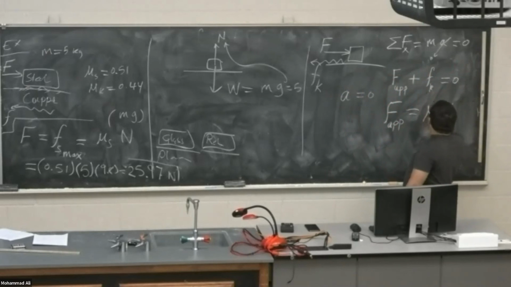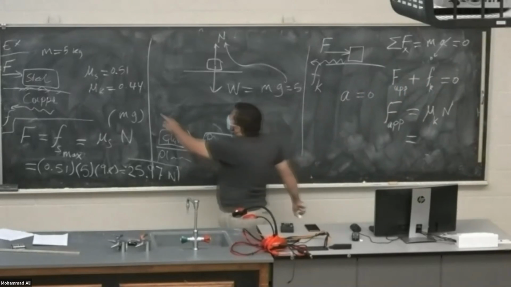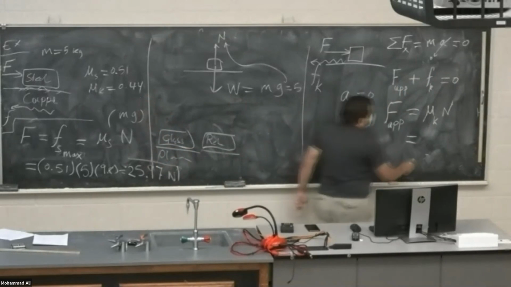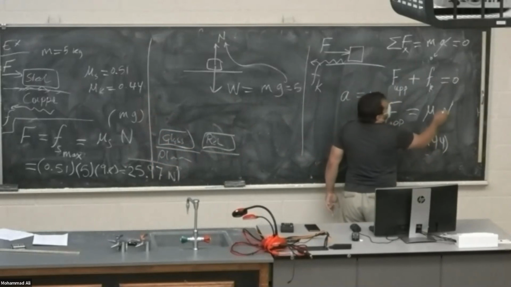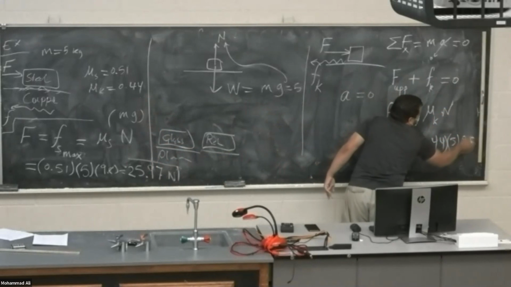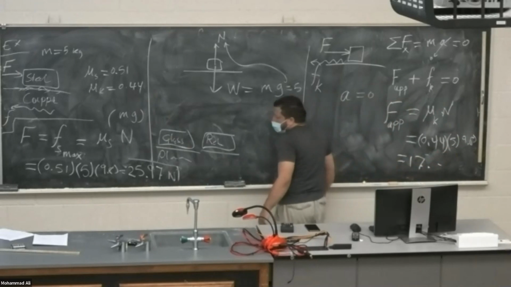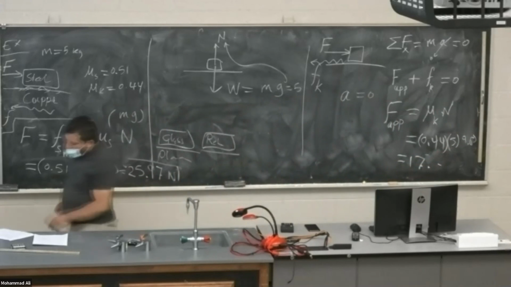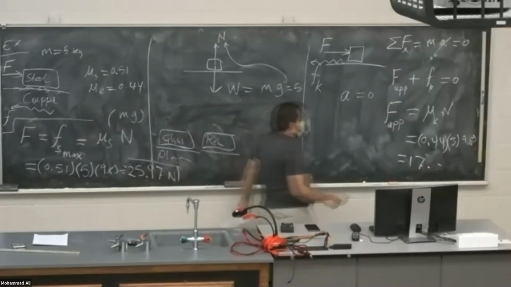It is mu k multiplied by the normal force, which is mu k, 0.44, times mg, which is 5 times 9.8. This will be equal to 17 point something newtons, right? 17.64 newtons. Right.